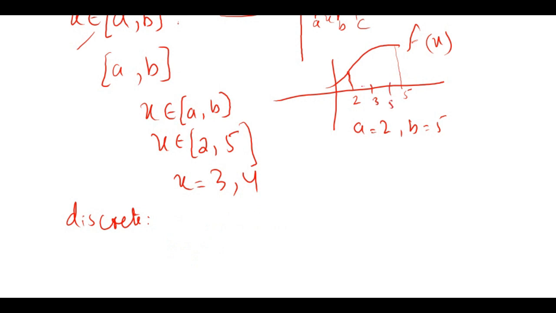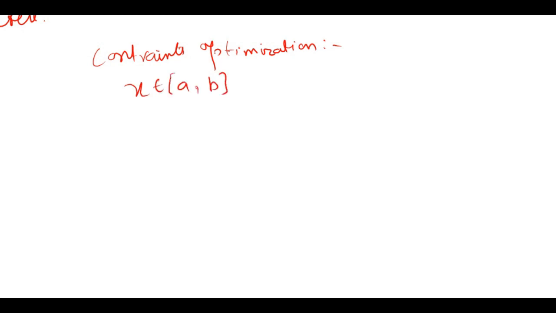Now where do we use these sorts of things? Especially in economics, for example when we're doing constraints optimization. You can use them in other domains as well, but I'm giving you the perspective from economics.